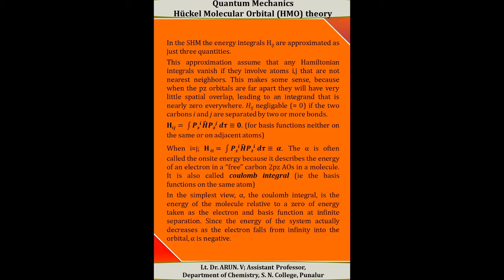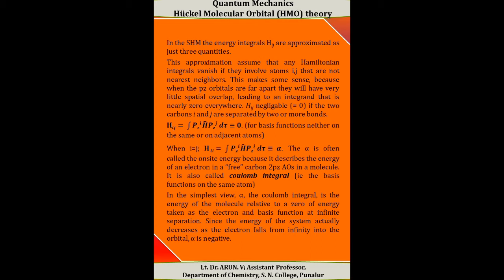When i is equal to j, Hij, equal to the integral of pzi h cap pzi dτ, is equal to alpha. The alpha is often called the on-site energy because it describes the energy of an electron in a free carbon atom 2pz atomic orbital in that molecule. It is also called the Coulomb integral, as the basis functions are on the same atom.